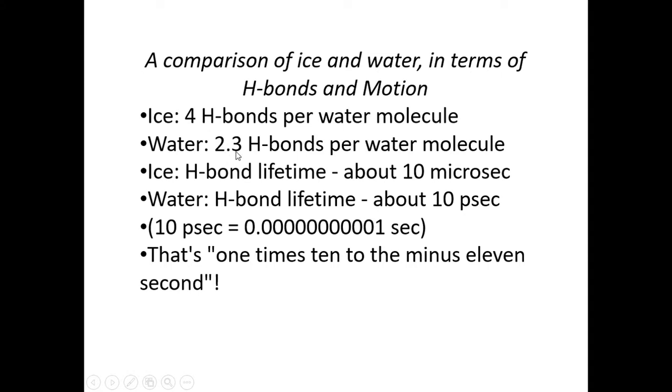Liquid water has 2.3 hydrogen bonds per water molecule. Water is fluid, so those water molecules have the ability to move around. So they are somewhat disordered compared to ice. So ice is ordered, water is disordered.